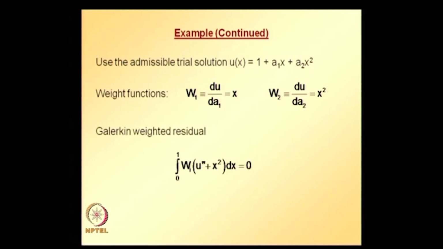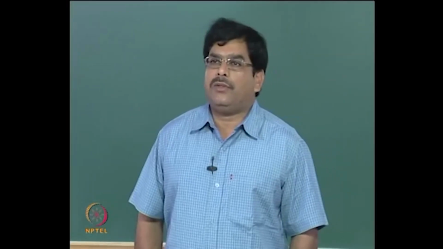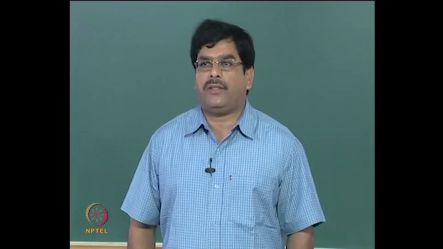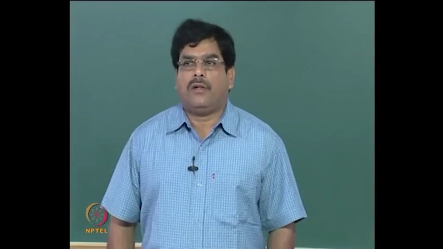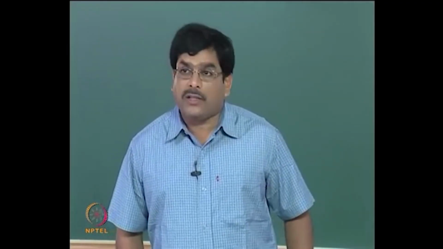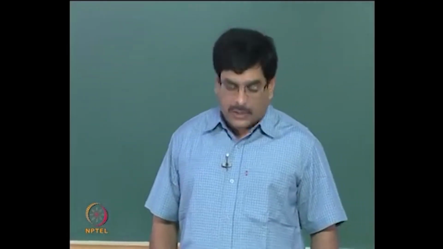And what is the Galerkin weighted residual statement? The given differential equation is multiplied with a weight function, integrated over the problem domain and equated to 0. Again you need to identify which term has higher order derivatives, use integration by parts, reduce the order of derivative on that term and transfer the derivative to the weight function.